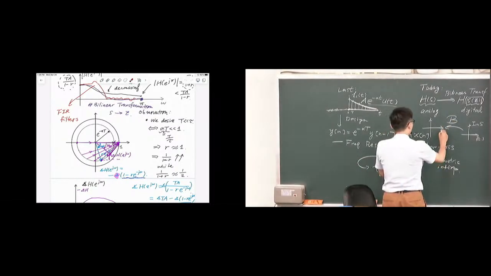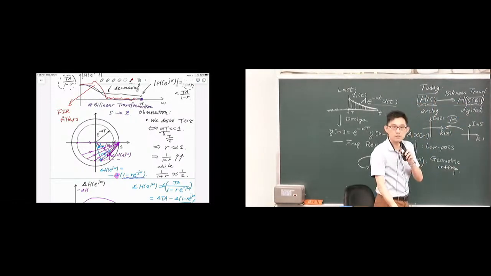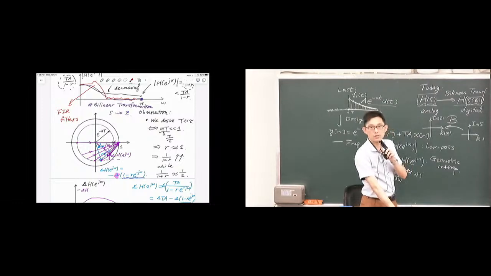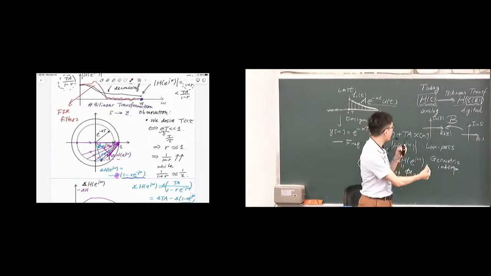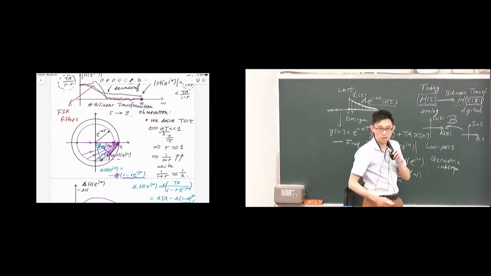So we go from S to Z. By doing this, we turn an analog system function into a digital, discrete-time system function. So that's a more general idea than simply sampling our impulse response, and we argue that this is a better way of doing that.